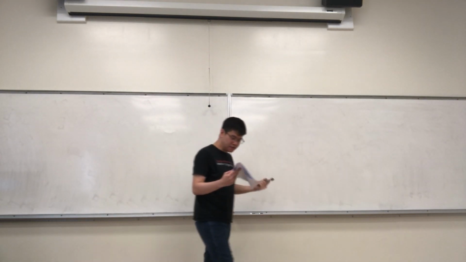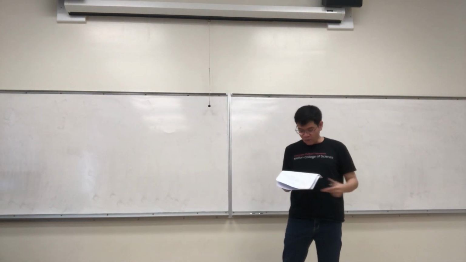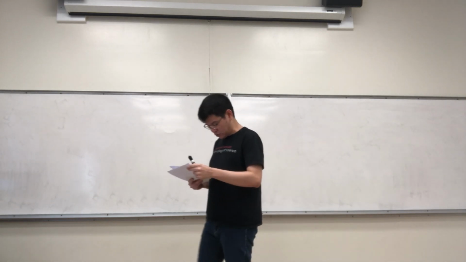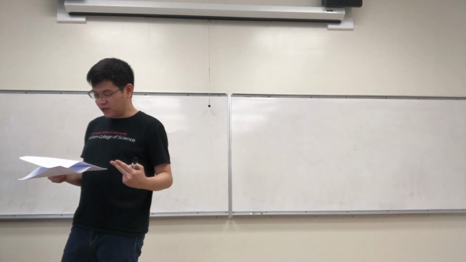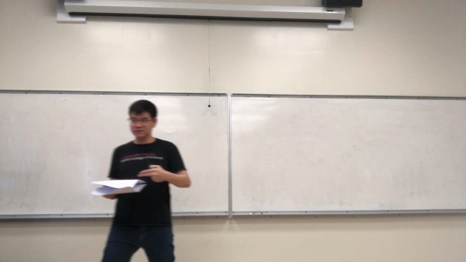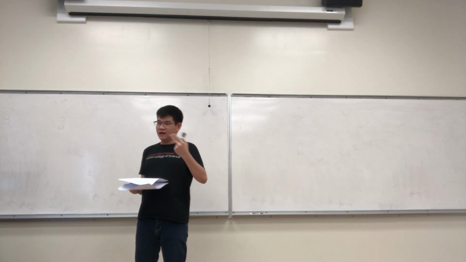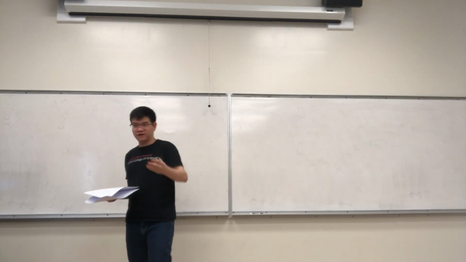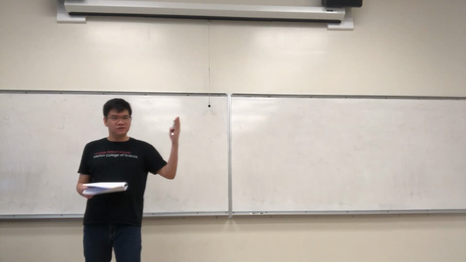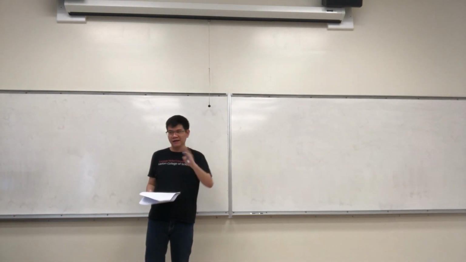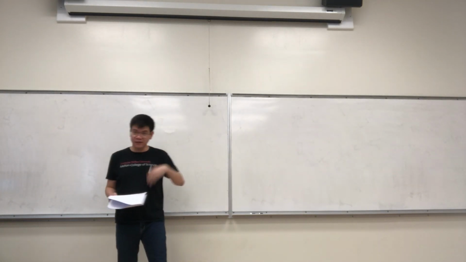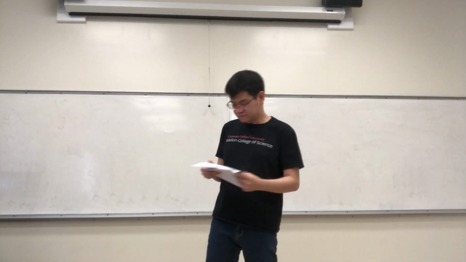In this eigenvalue problem, what you have to do is solve the characteristic equation, and in this practice exam it is x squared plus ax plus b, where a and b are different from 0. In the real exam, it's going to be a little bit easier.